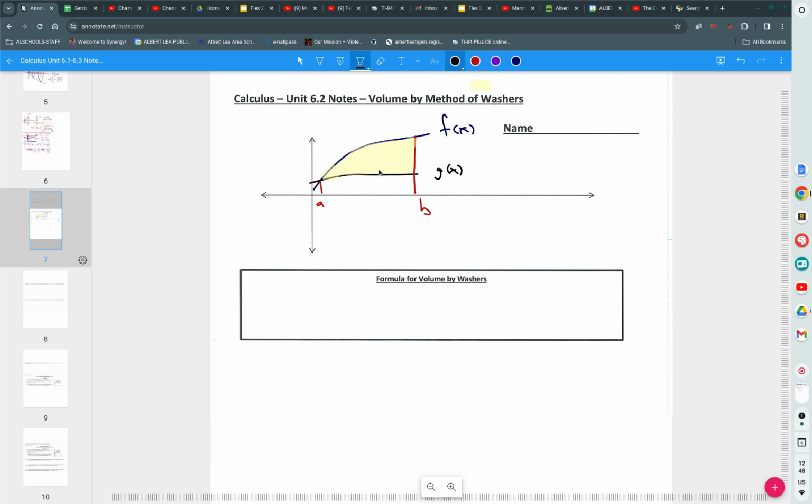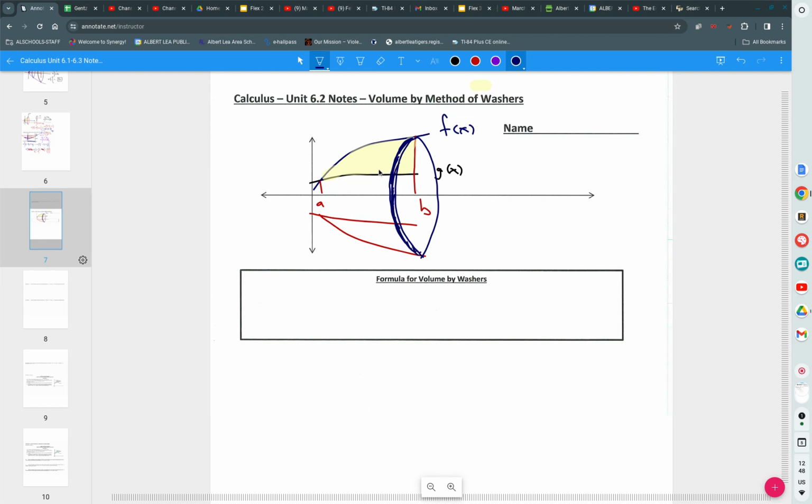Let's say that we've got, let's say that that's our lower space, and when we rotate it around, we're going to get kind of that disk region from yesterday.